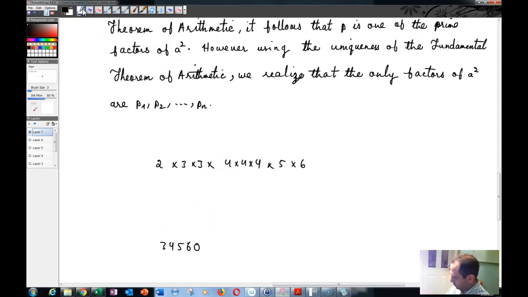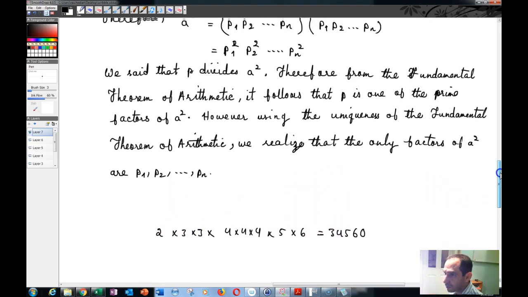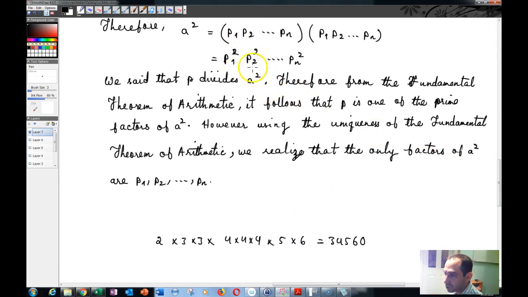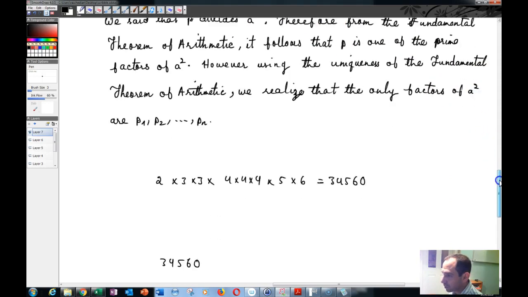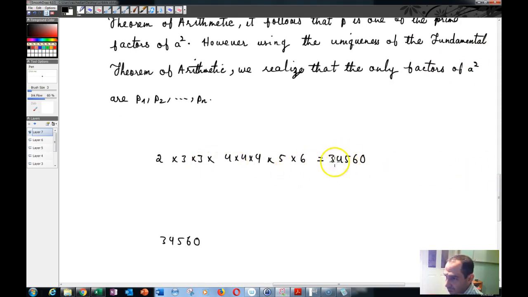Now 34,560, when you prime factorize it, of course you're going to get these numbers over here, and it's the same situation that you have over here, with p1 squared, p2 squared, all the way up to p of n squared. And if I rewrite this, 34,560 is equal to 2 times 3 squared times 4 cubed times 5 times 6.